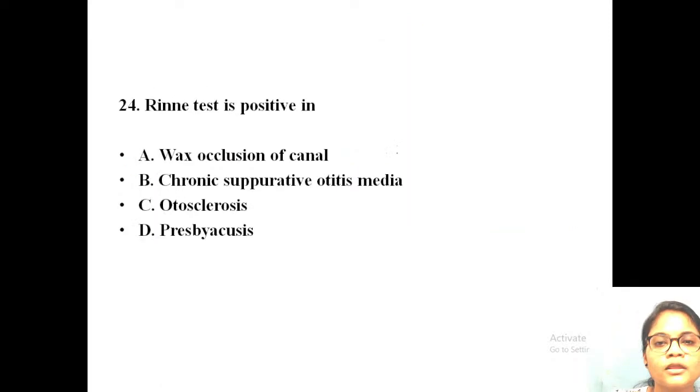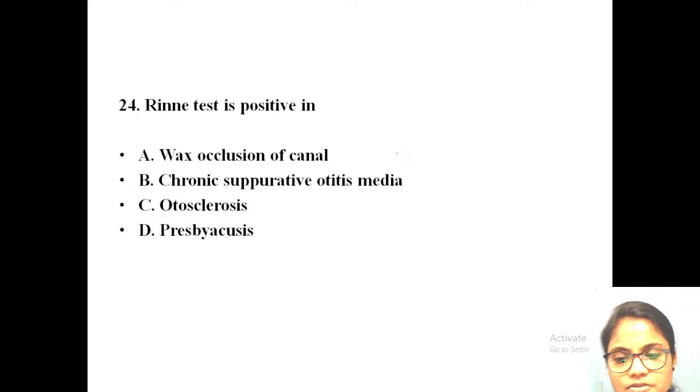Very important. The next question is, Rinne's test is positive in. So speaking about Rinne's test, wax occlusion of canal, CSOM, chronic suppurative otitis media, otosclerosis, presbycusis is also there. So what would be the reason over here? Yes, right.